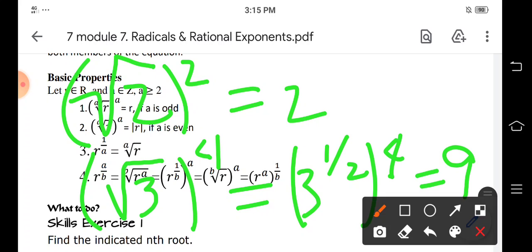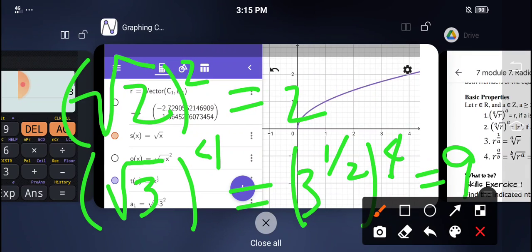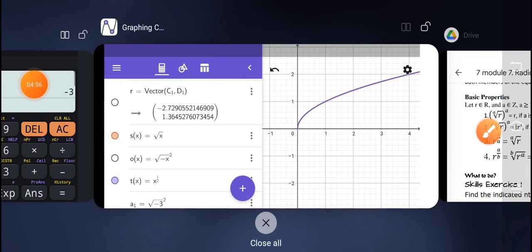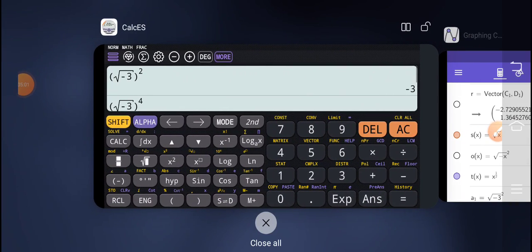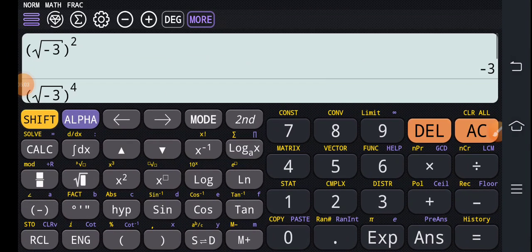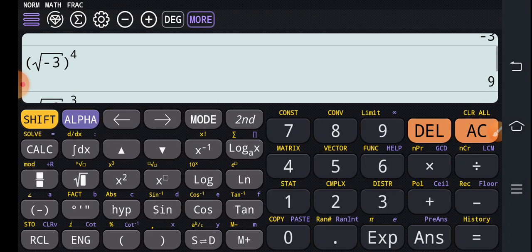What if our 3 here is negative? What will happen if our 3 is negative? Let's say if our 3 is negative, so the result is still 9.